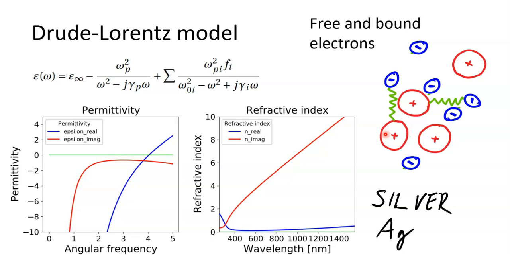This figure is typical for noble metals. Real part is below 1 and loss is high. Later we see that such refractive index supports a special class of waveguide modes called surface plasmon polaritons.